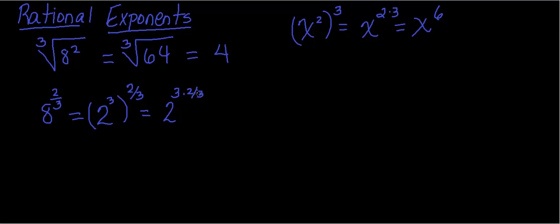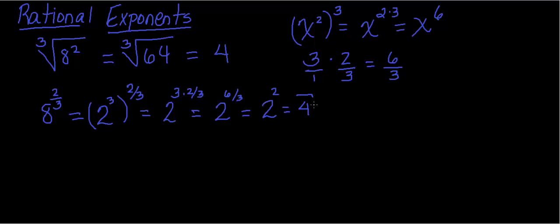When you multiply fractions, remember, you multiply numerator times numerator and denominator times denominator, and the denominator for 3 is 1. 1 times 3, 3. And that gives you 6/3. So this gives you 2 to the 6/3 power.